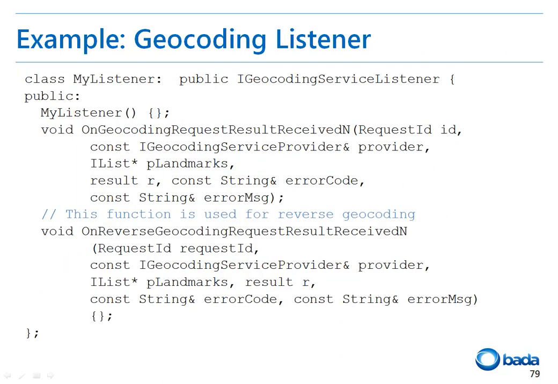If the operation is completed, we call the onGeocoding request result received end function of the iGeocoding service listener geocoding object. To get the address from the coordinates, we have to call the onReverse geocoding request result received end function.